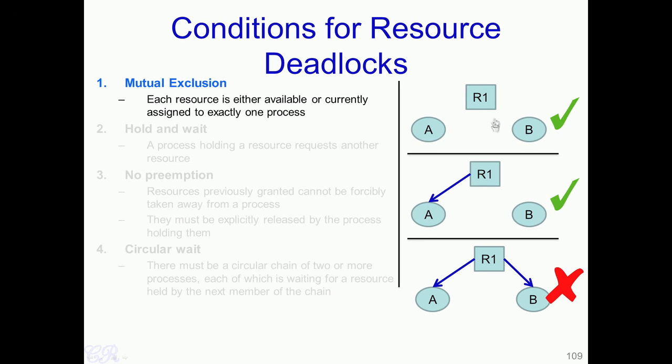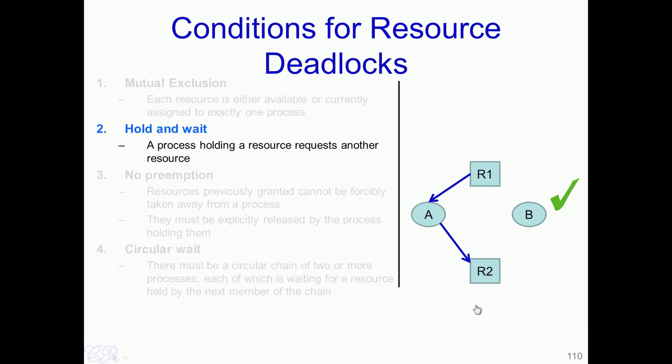This is fine, while this is also fine where the resource is allocated to exactly one process. But in order that deadlocks happen, this kind of scenario should not be present, that is, the resource cannot be shared between two processes A and B.